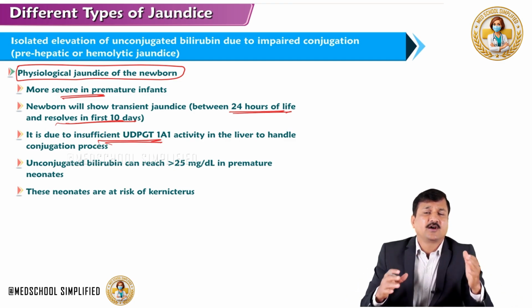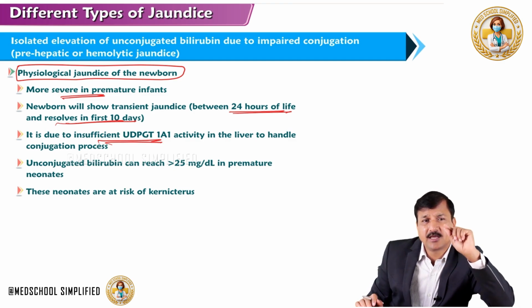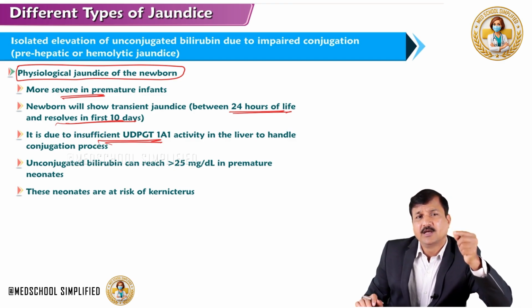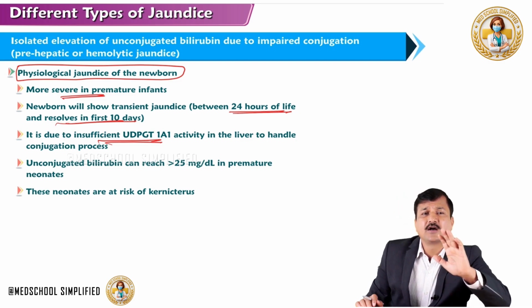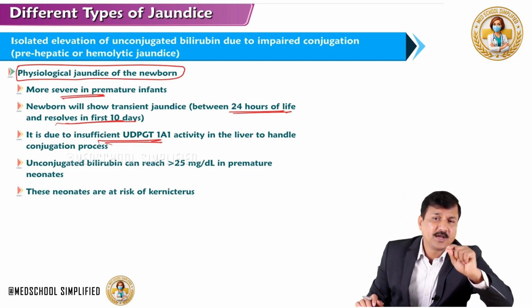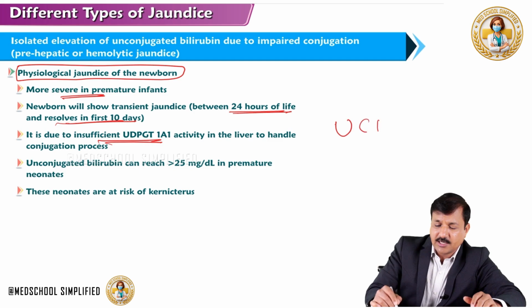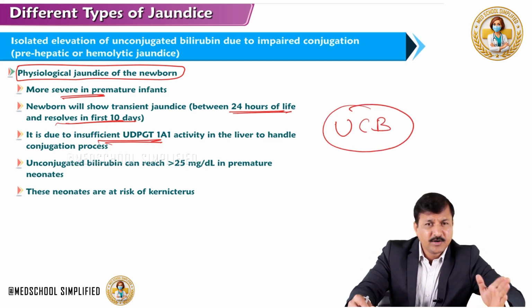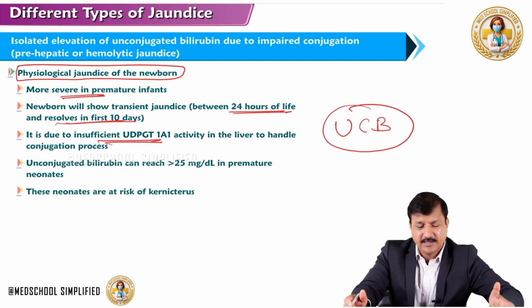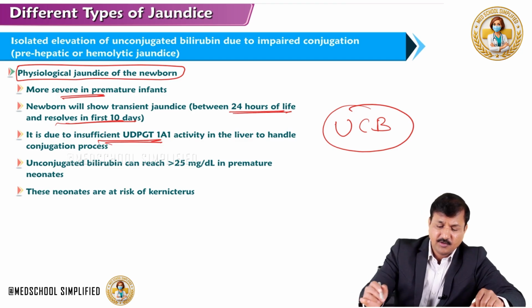So when that is going on, more and more hemoglobin is undergoing degradation, making more unconjugated bilirubin, which is brought to the liver, and the liver has to handle the conjugation process, which may not be possible sufficiently. So that's why there will be an increase in unconjugated bilirubin transiently for around 10 days, from 24 hours of life until 10 days. That's the physiological jaundice of newborn.